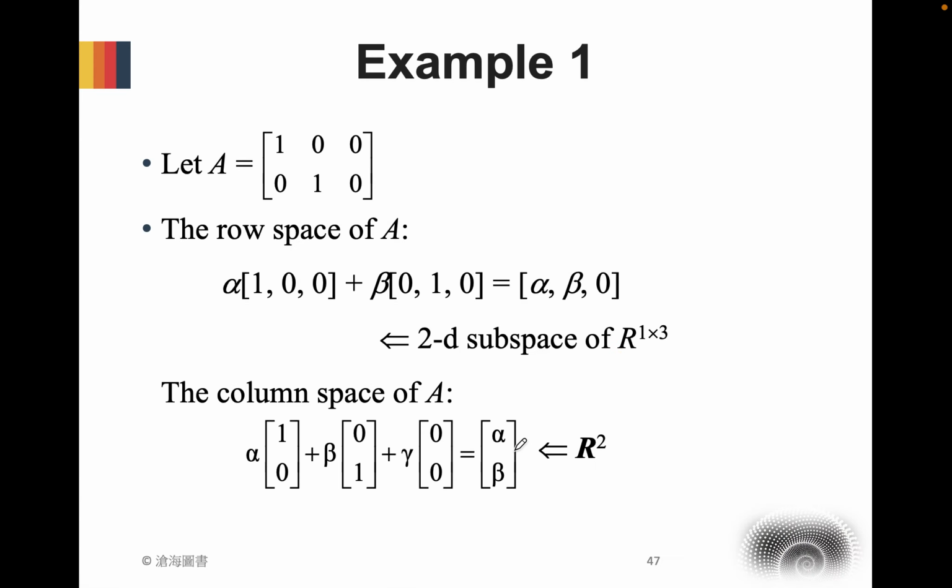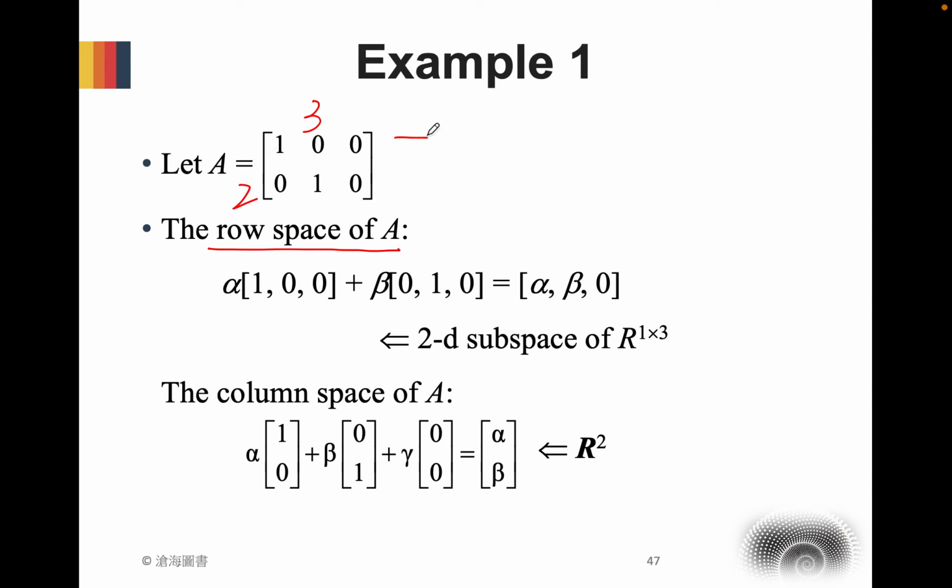So now let us see some examples. If A is looking like this, which is a 2 by 3 matrix, the row space of A means the space spanned by the row vectors.